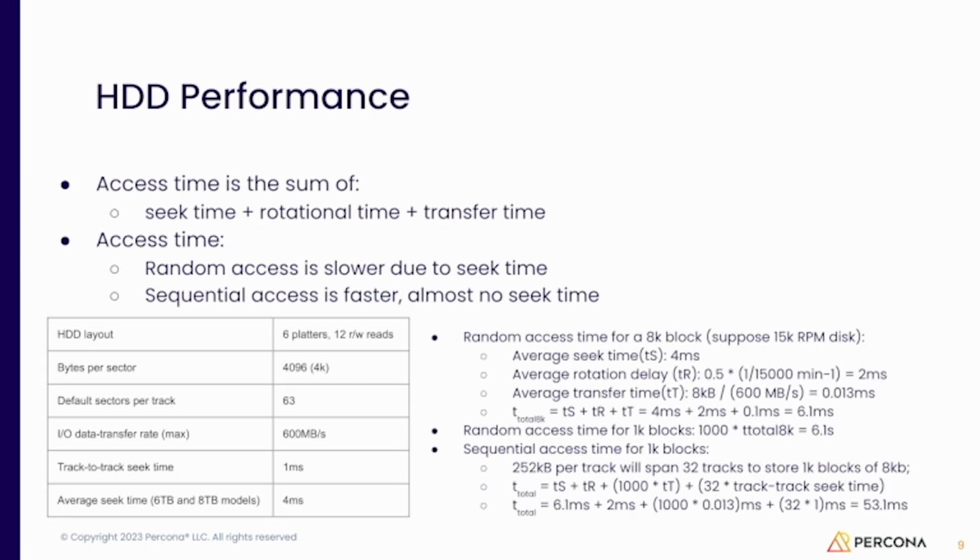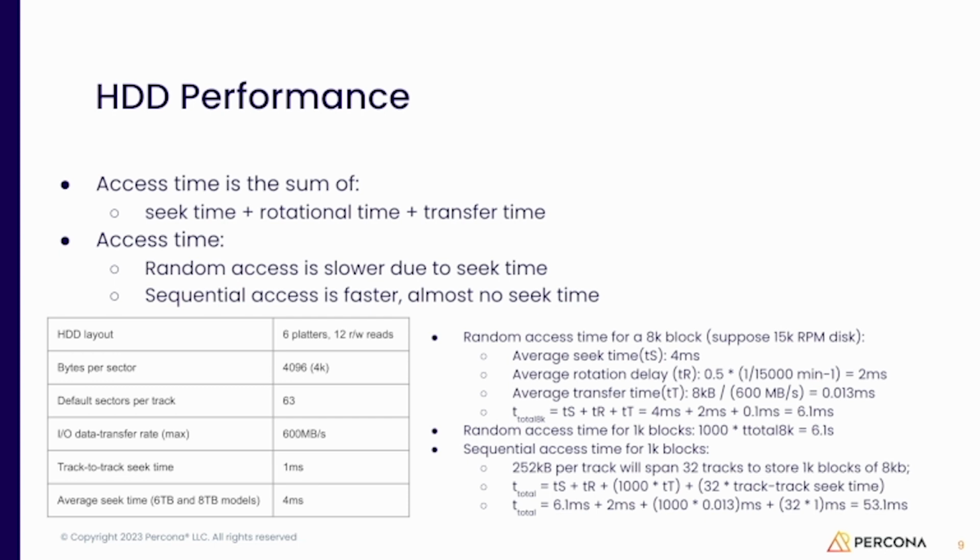Here is just a comparison of how fast or slow they can be from one to another, the SSD, random versus sequential access. So we have here a spinning hard drive. We can see that reading this same information, we had around 6.1 milliseconds on random access.